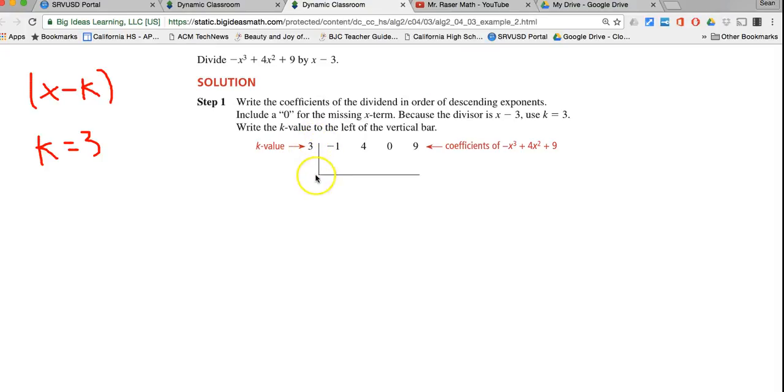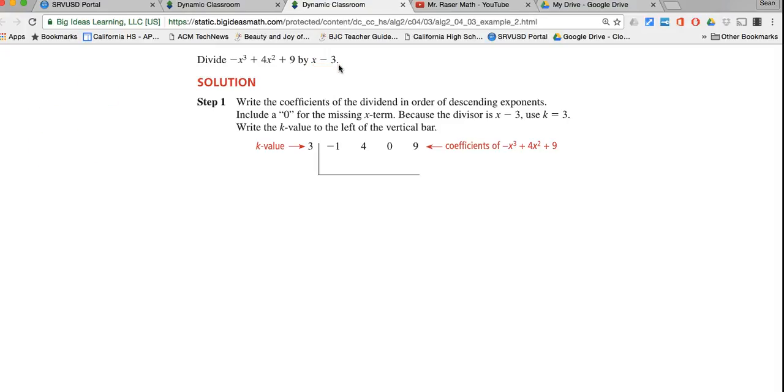You always write this little, kind of rotated backwards L right here. This is going to help us keep track of all the adding and multiplication that we're going to do. This is going to make more sense after you do a bunch of problems like this. But for right now, just follow the pattern and you're going to see the answers work out, and you're going to see how amazing it is when your divisor is linear like this.